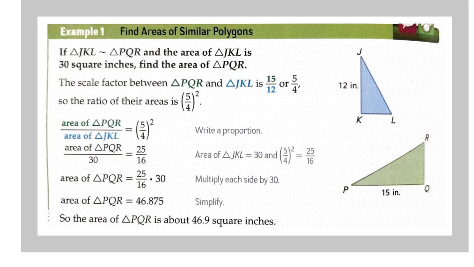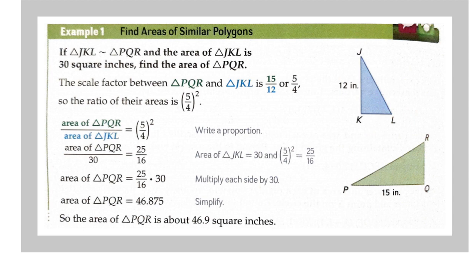Now let's do an example of using scale factor to find the area of similar polygons. So if triangle JKL is similar to triangle PQR, and the area of JKL is 30 square inches, then find the area of triangle PQR.